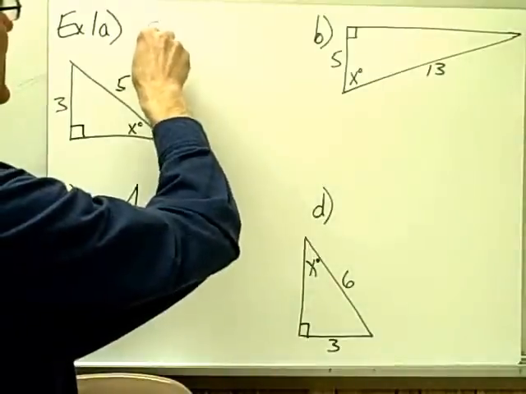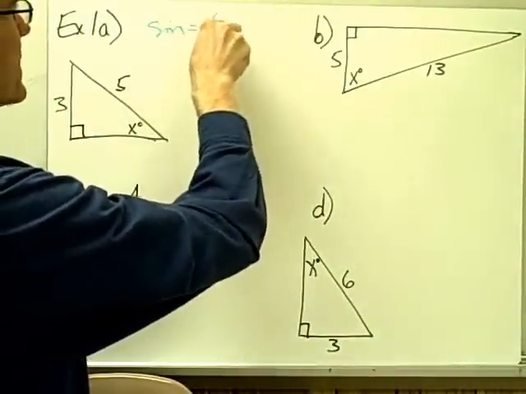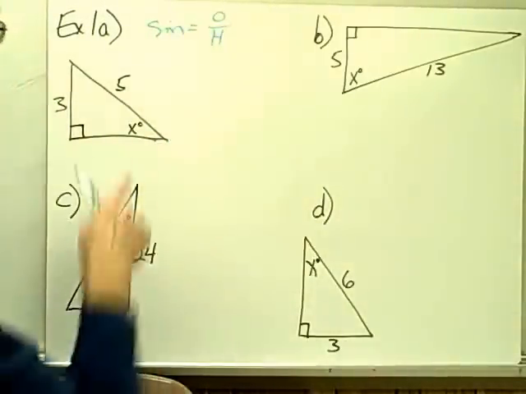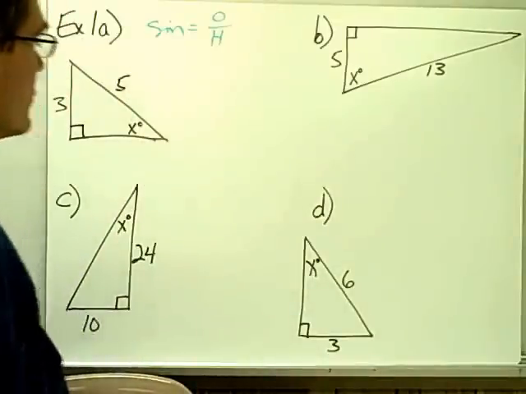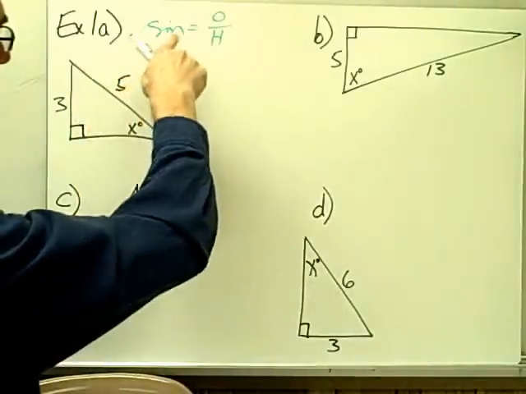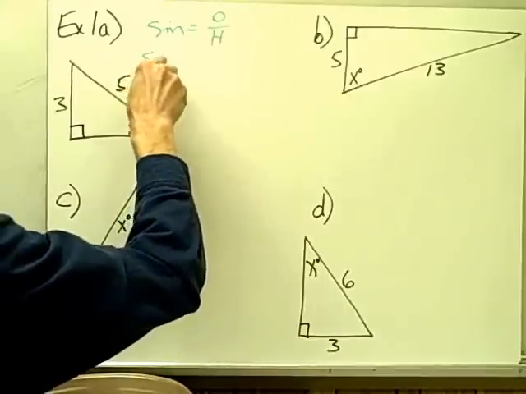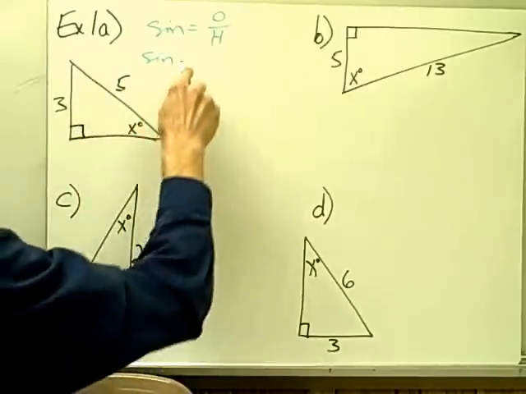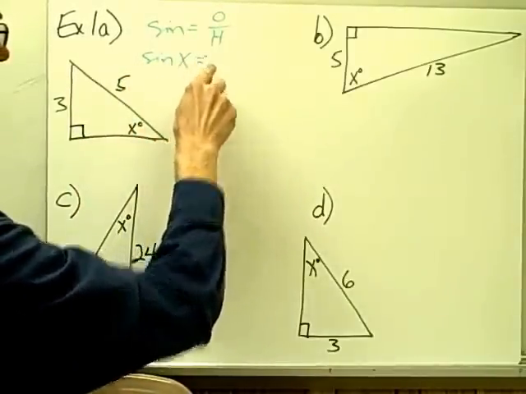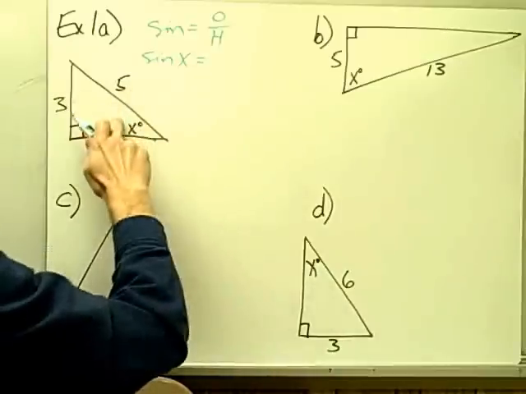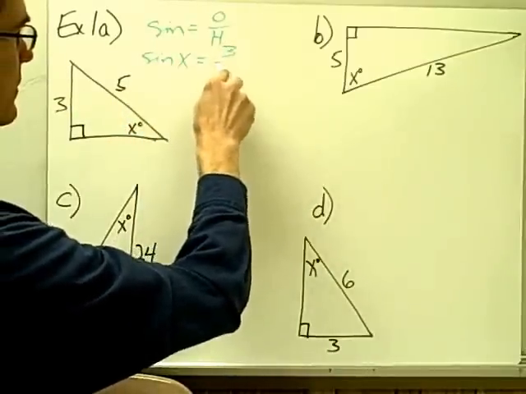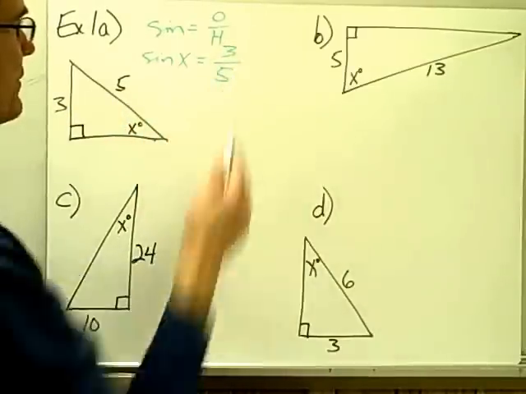Well, sine is opposite over hypotenuse, so that's the trig ratio I'm going to use. Again, just like before, I'm going to fill in the values from my triangle. Sine of what angle? I'm looking for the sine of this angle, which is x. Opposite is 3. Hypotenuse is 5.